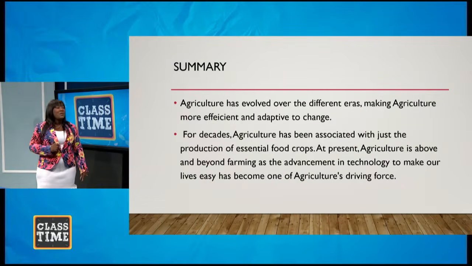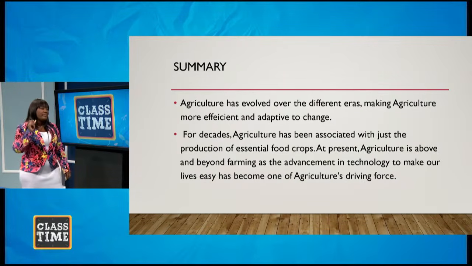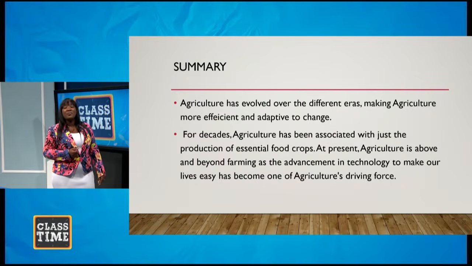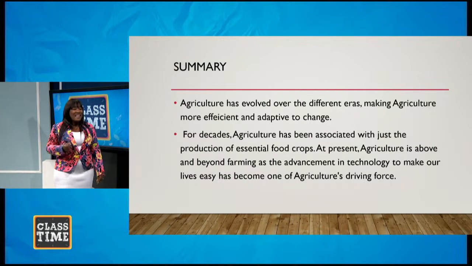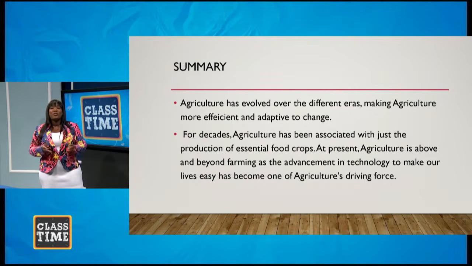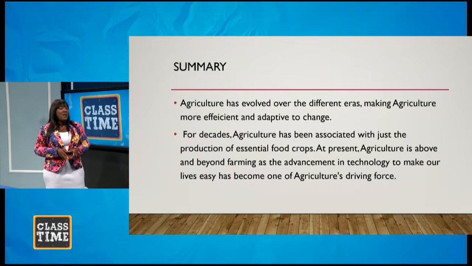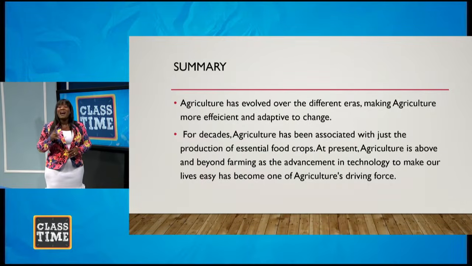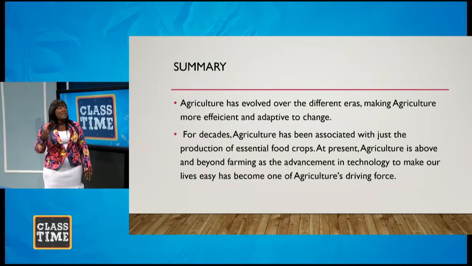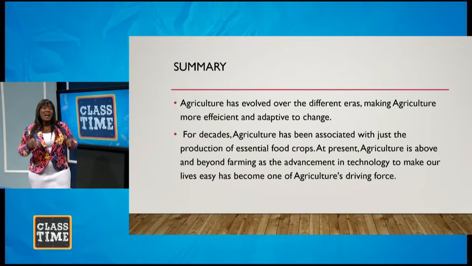Second, we looked at the advancement of agriculture through technology. For decades, agriculture has been associated with just the production of essential food crops. At present, agriculture is above and beyond just farming. It looks at an advancement in technology, and I can't stress that enough, how agriculture is moving with time.